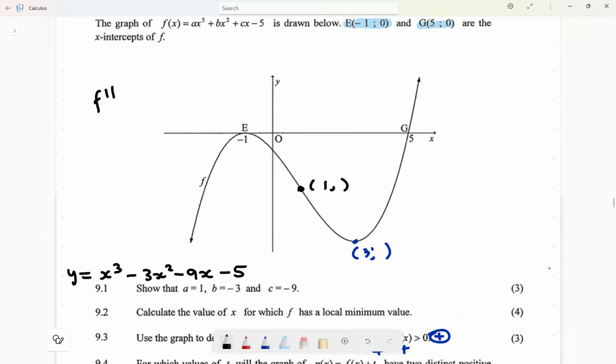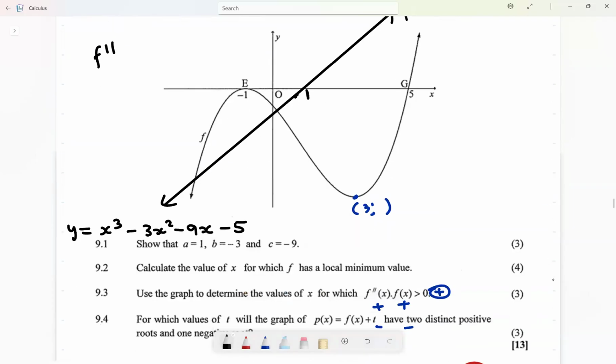So this is the graph of f prime prime, guys. And the coordinate here, it is 1.